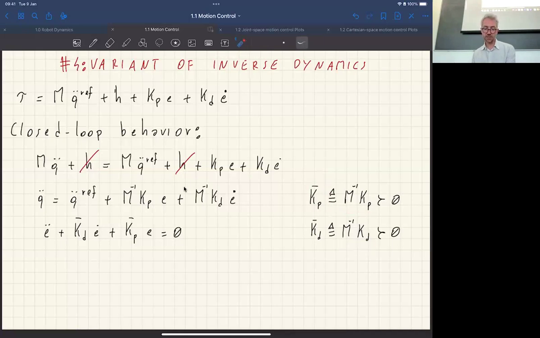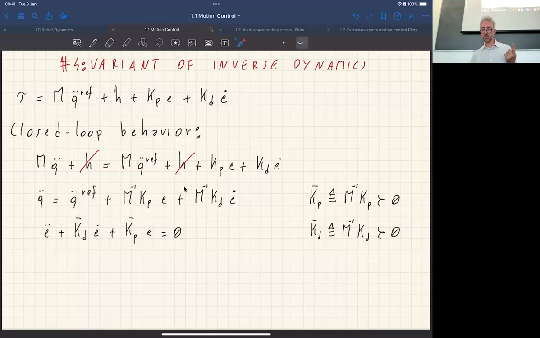And here, to show that this is also a stable system, you need to know that here you're multiplying two positive definite matrices because M is positive definite. Also, its inverse is positive definite. Kp and Kd are positive definite by definition, by assumption, sorry. In general, when you multiply two positive definite matrices, the result might not be positive definite.